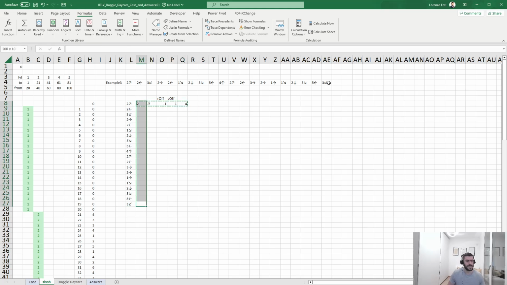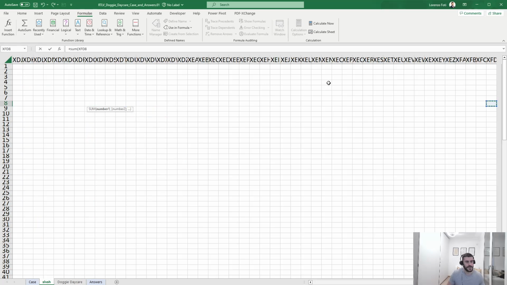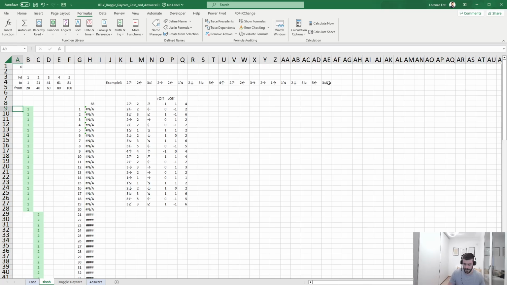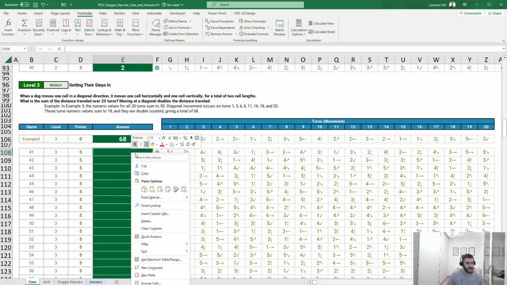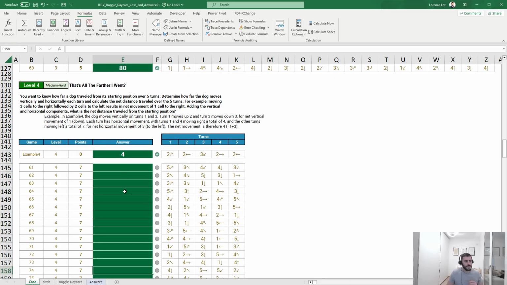And I think that's it, because if I go and sum this thing here, I think I should be done. So 68 is the first answer, which is correct. So let's take the results from level 41 to 60, and here we go. Level 4. That's the farthest I went.